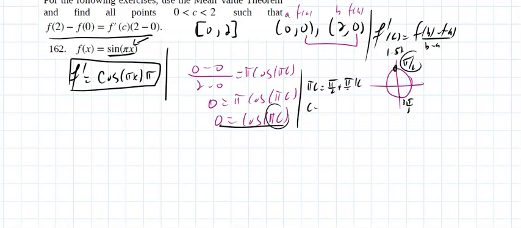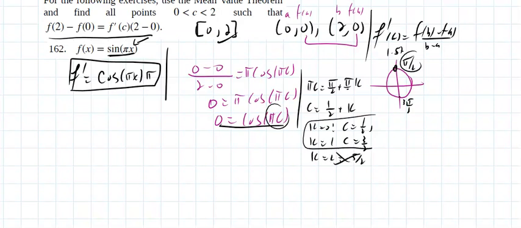If I divide by pi both sides, I'll get 1/2 plus k. Well, k equals 0, I'll get c to be 1/2. If I get k equal 1, I'll get 3/2, 1.5, that's in there. If I let k equal 2, I'll get 5/2, that's too big. So two values only. The values of c would be 1/2 and 3/2.